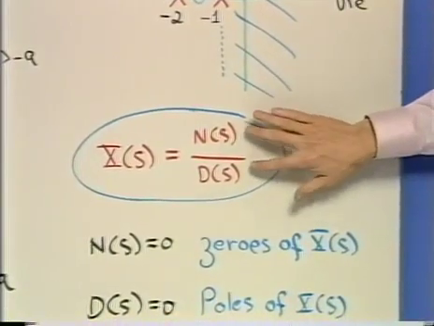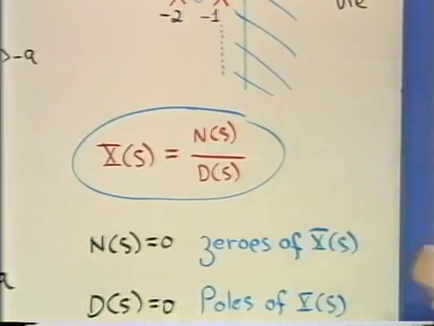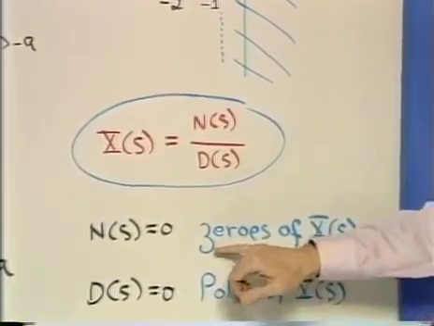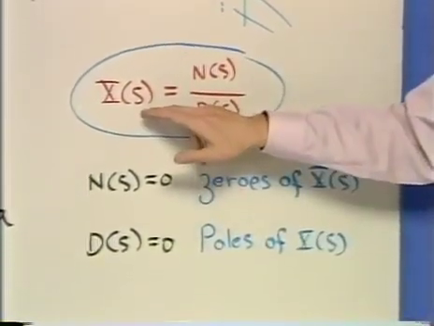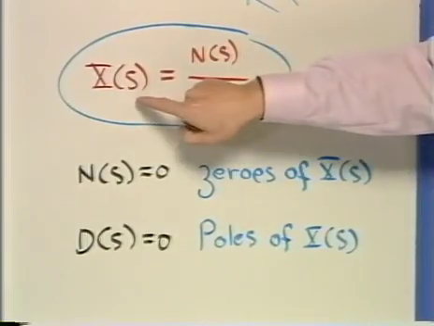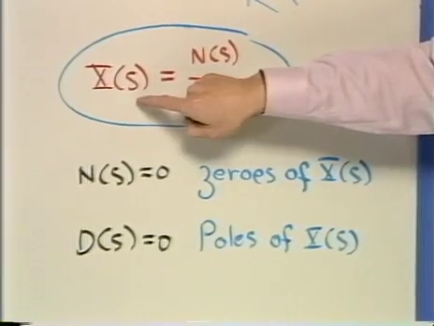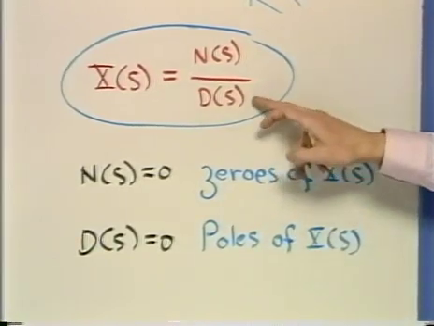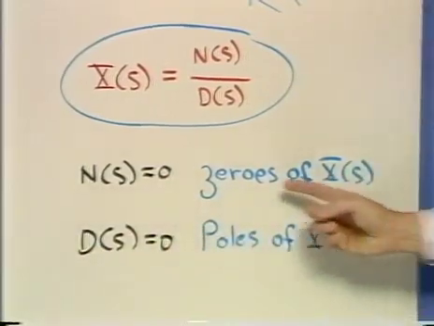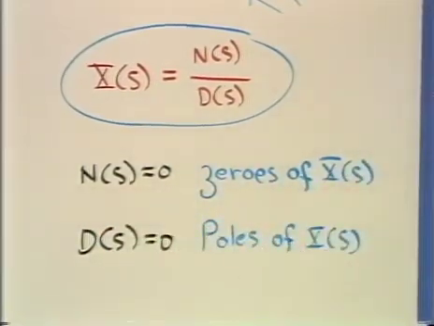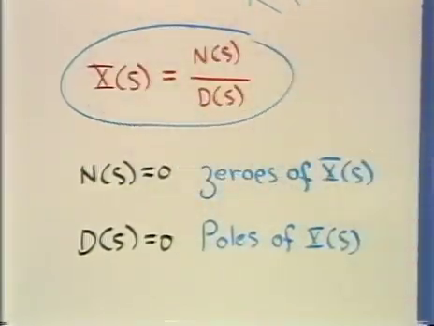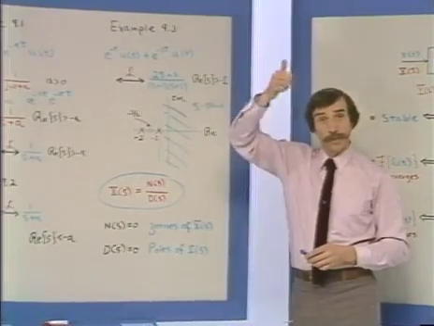We have some terminology for this. The roots of the numerator polynomial are referred to as the zeros of the Laplace transform because, of course, those are the values of s at which X(s) becomes 0. And the roots of the denominator polynomial are referred to as the poles of the Laplace transform. Those are the values of s at which the Laplace transform blows up, namely becomes infinite.